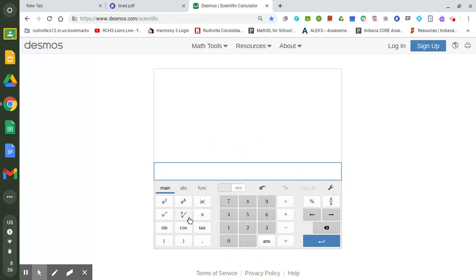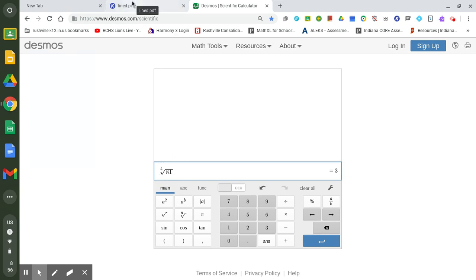You are going to find the button that says the nth root and click on it. And then mine was the fourth root, so I'm going to put a 4 there. And it was the fourth root of 81. And so it will give you whatever root you're looking for. So the fourth root of 81 is 3.